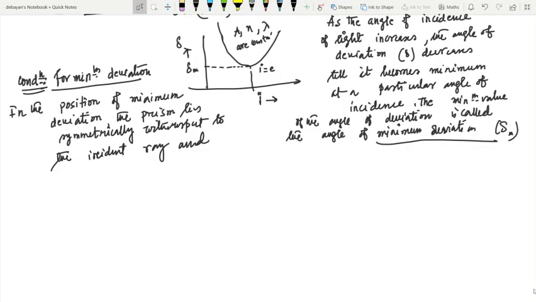That means in the minimum deviation position, I should be equal to E. Now we have to prove that.